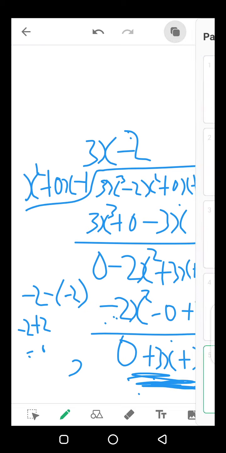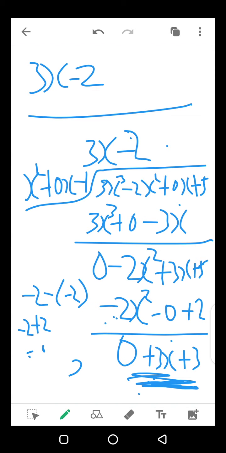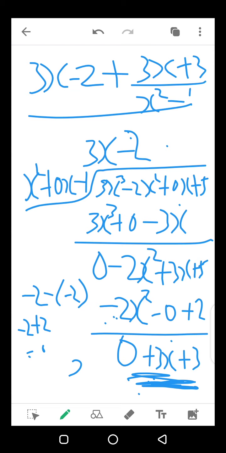So our final answer is going to be this quotient and this remainder. That is, the quotient is 3x minus 2, then this is plus the remainder 3x plus 3, divided by the original divisor, so we just put it as x squared minus 1.